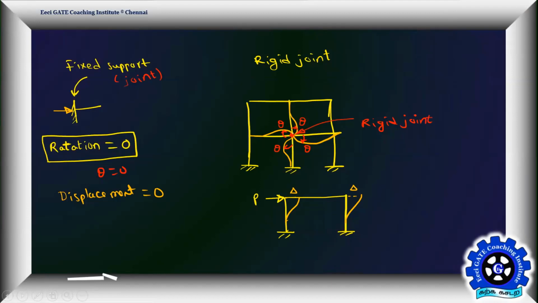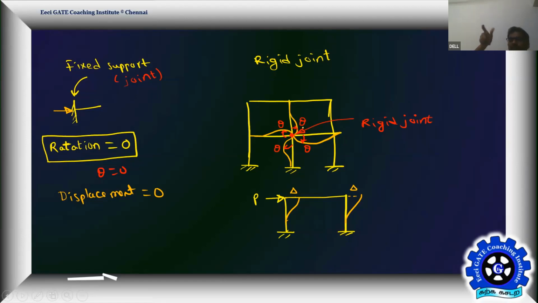When I apply moment at that joint where four members are meeting, all four members undergo the same amount of rotation. That is the basic property of a rigid joint, which we extensively use in civil engineering analysis. If I apply some moment at that joint, every element will undergo the same amount of rotation.